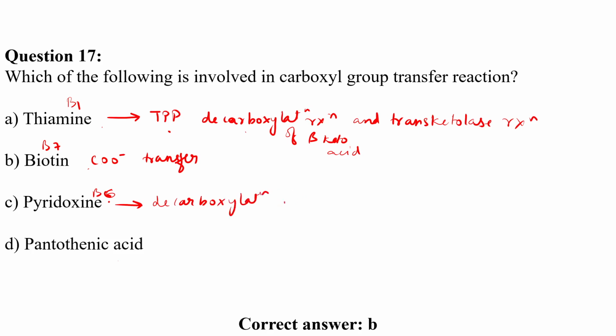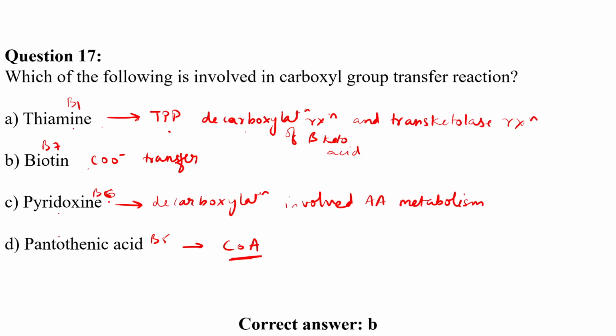It is basically involved in amino acid metabolism. And pantothenic acid, that is vitamin B5. What was pantothenic acid doing? It was part of coenzyme A, the cofactor coenzyme A.